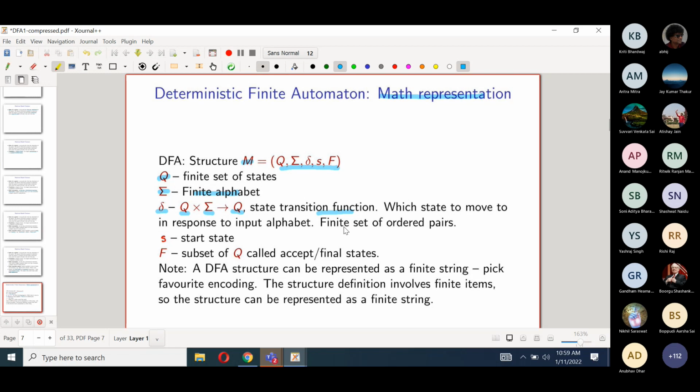And this is a finite set of ordered pairs. So as somebody pointed out, currently this is a finite alphabet, this is a finite set, and this is a finite set. So the number of possible transitions, even if I want a proper definition for every state and every alphabet, is still going to be finite.